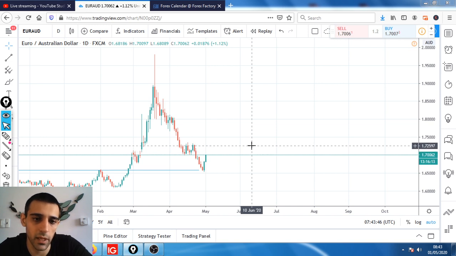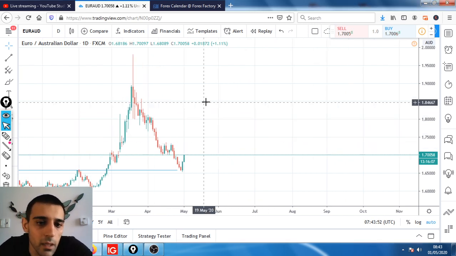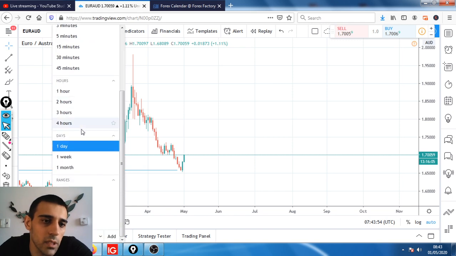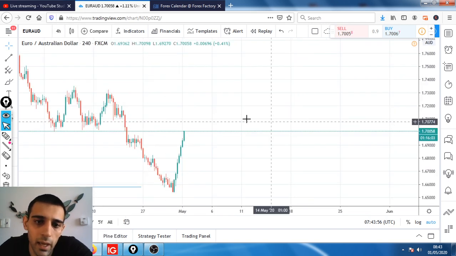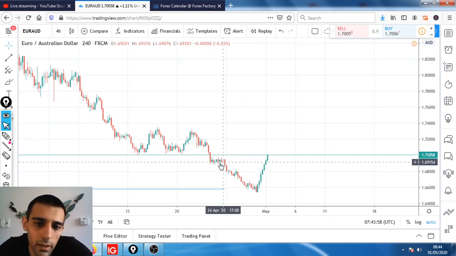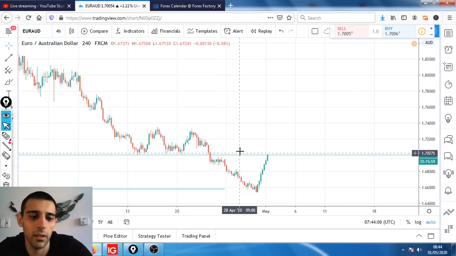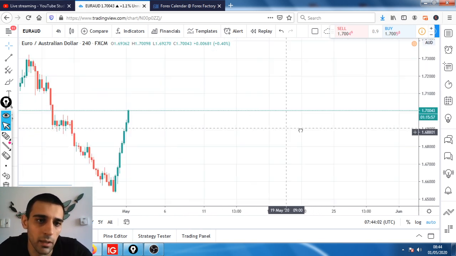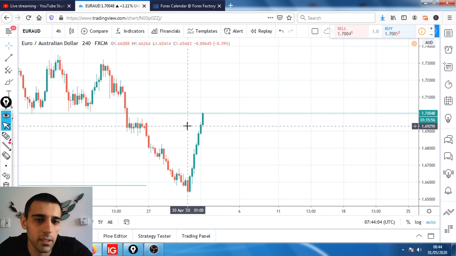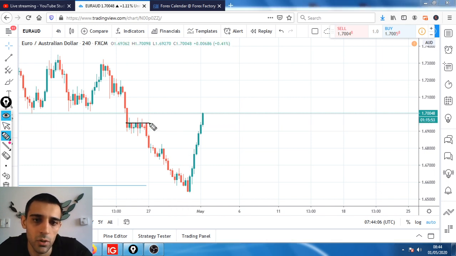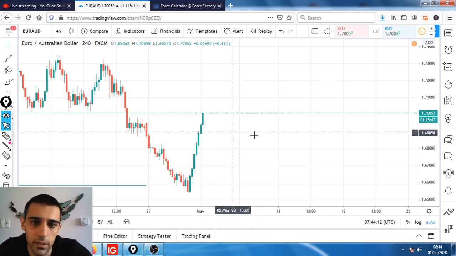Maybe the price even comes up to this level here, 72.60 maybe. So let's drill down to the 4-hourly time frame and see what we have. Yeah, it easily broke this level. This level here is no problem to break whatsoever, and it's continuing to edge higher.